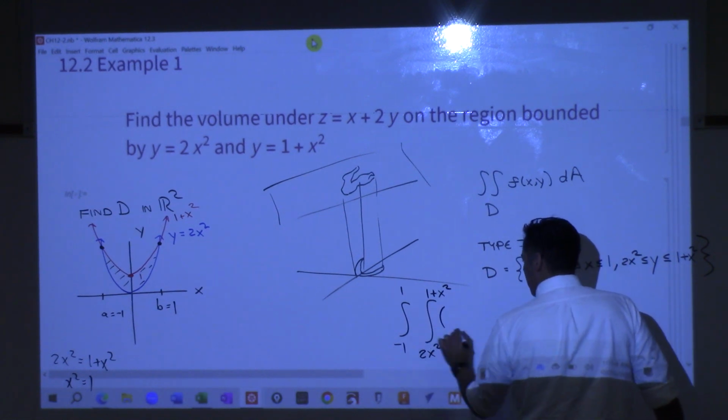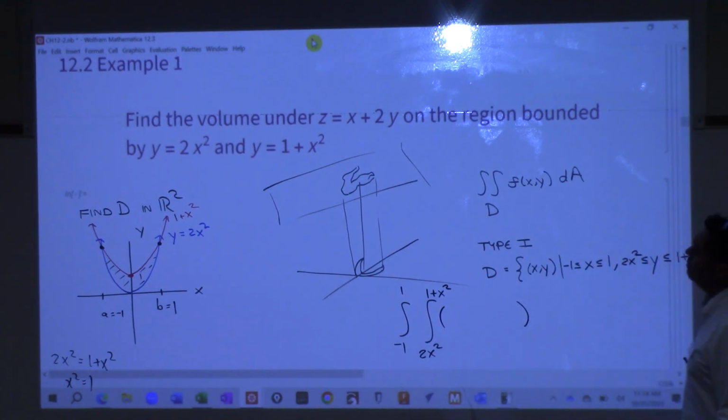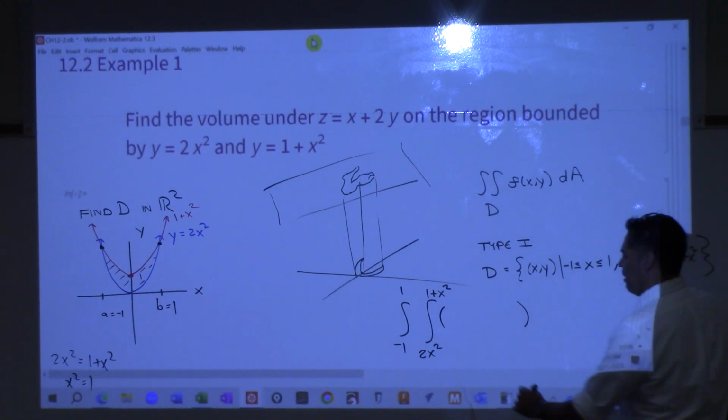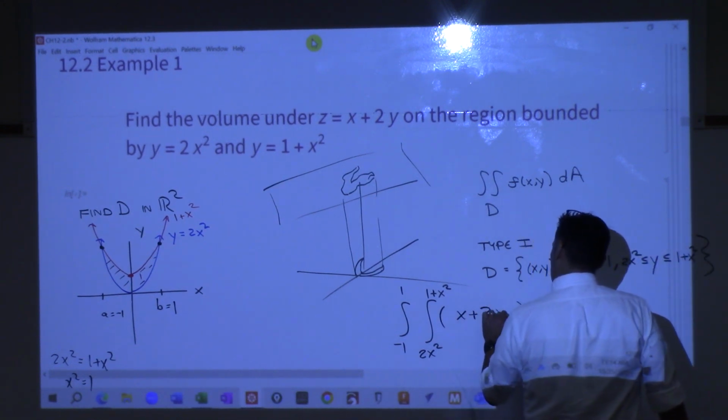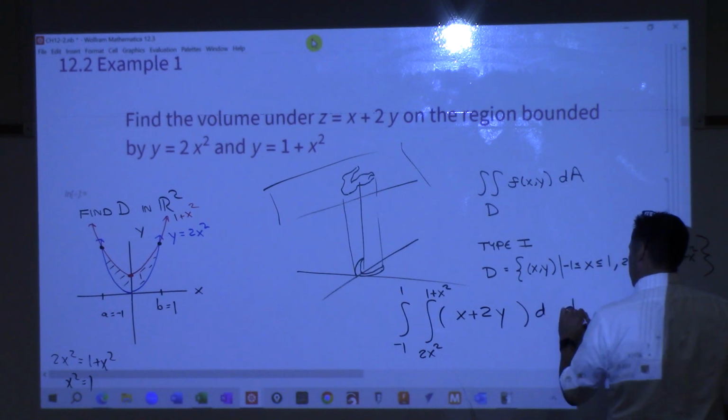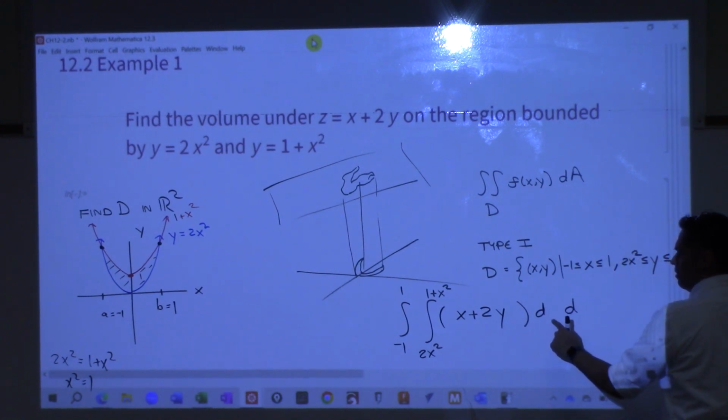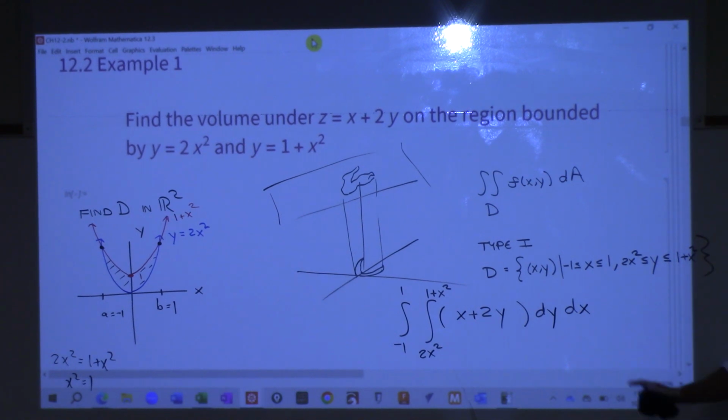And then what are we integrating? f of x, y, the actual surface up there: x plus 2y. And then d what first? dy first, then dx on the outside. That's the setup.